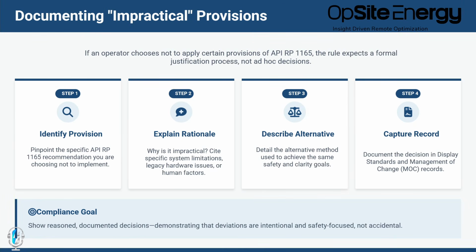And then you've got to document that decision, right, in your display standard. And that falls back to capturing the record, and then also listing any other documentation you want to point to, right?